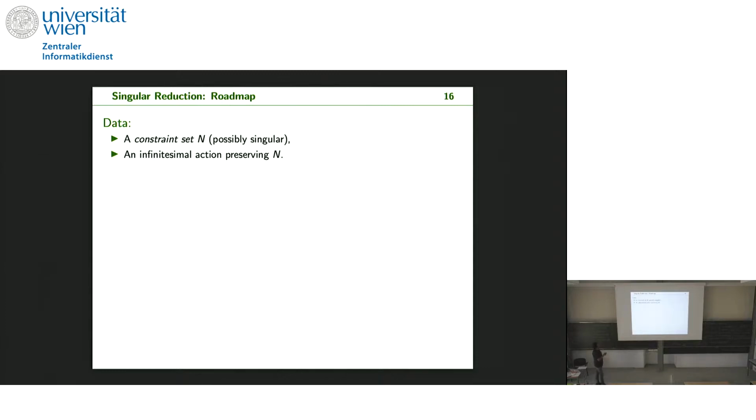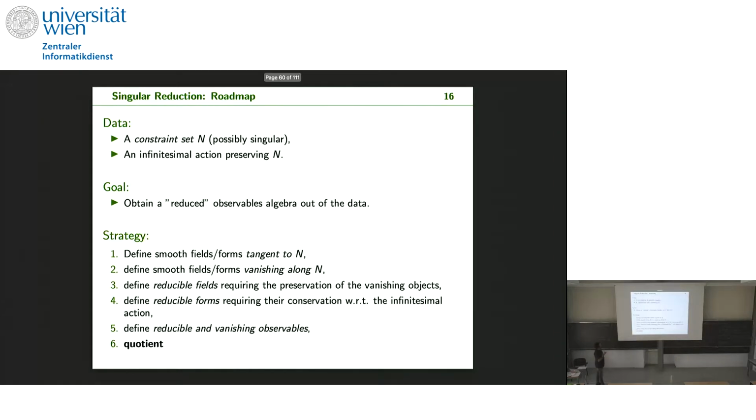And also consider an infinitesimal group action preserving N. Out of this data, our goal was to obtain a reduced observable algebra. And how can we do that?